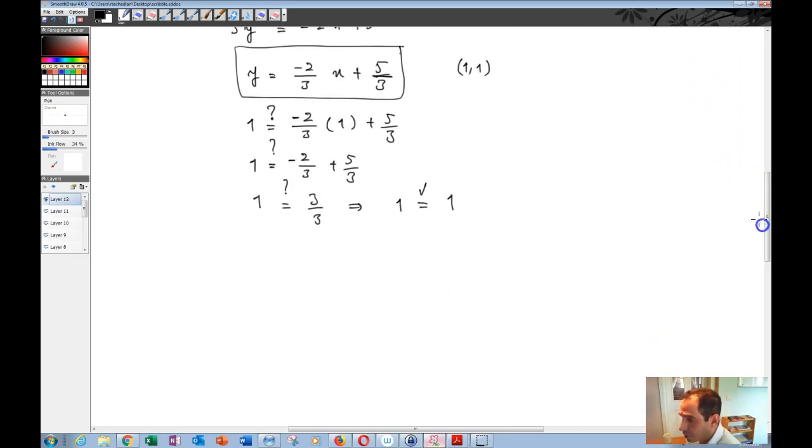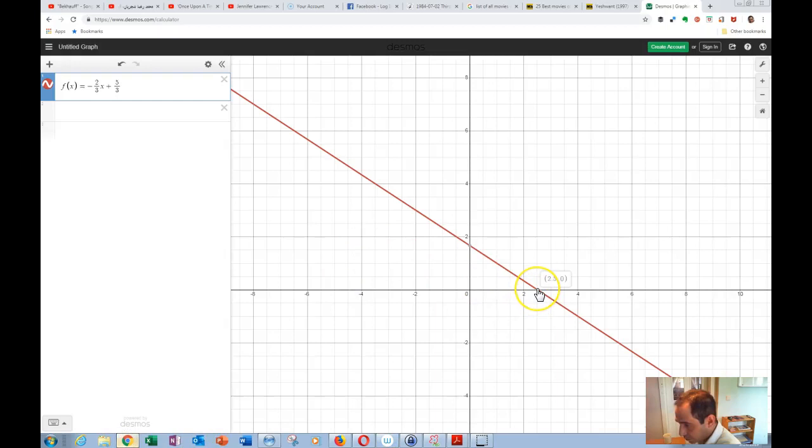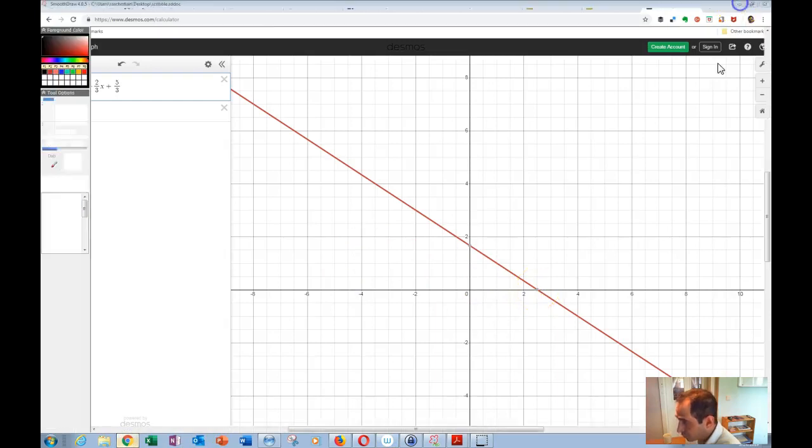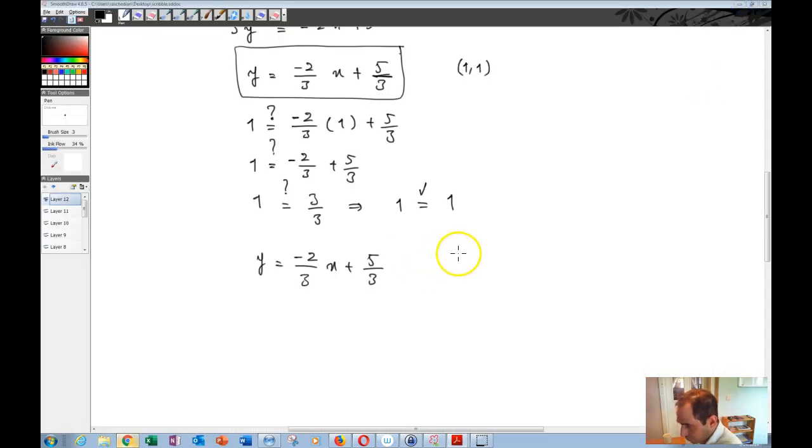So let me rewrite the equation over here: y is equal to negative 2/3 x plus 5/3, and the point was 2.5 comma 0. I write 2.5 as 5/2, comma 0.